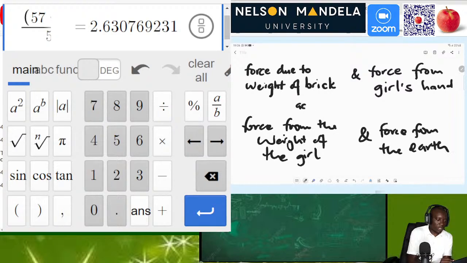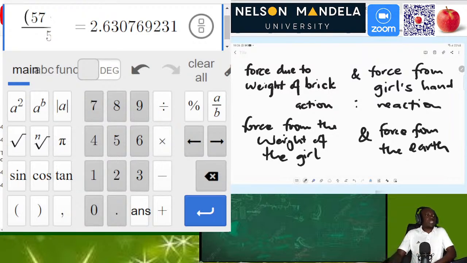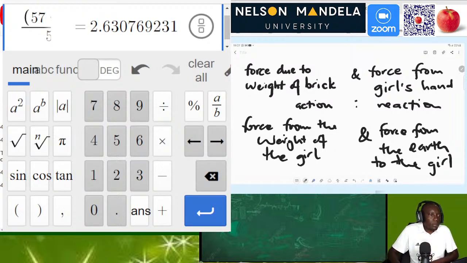So this is action and reaction. These are the pairs of action and reaction forces. Okay, I'm sure that's a simple 2 marks to collect there.